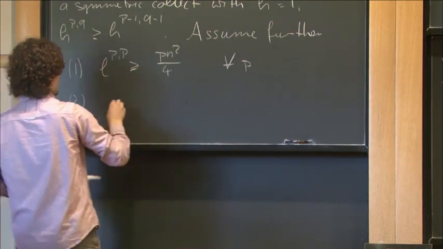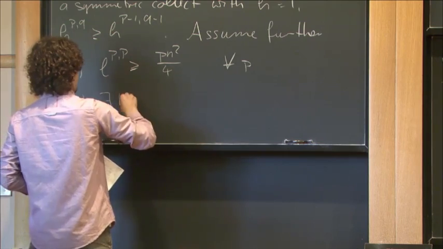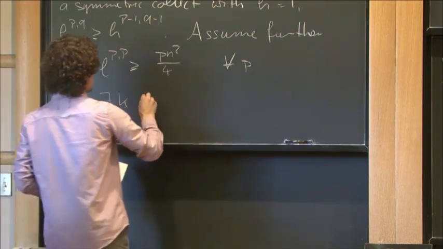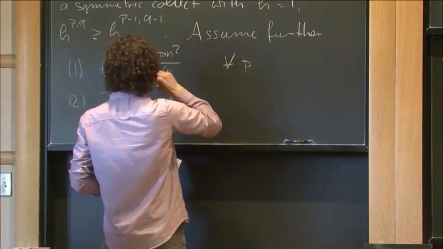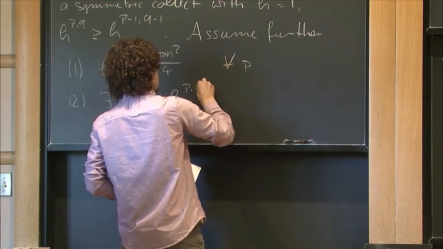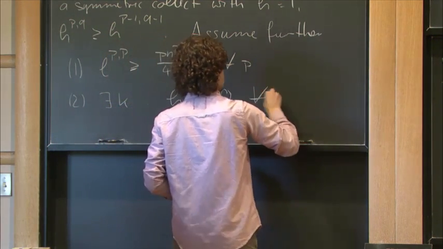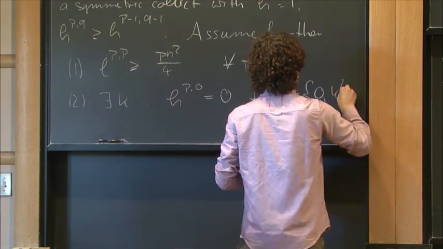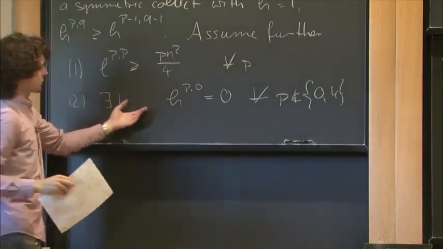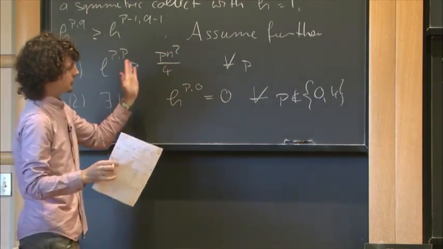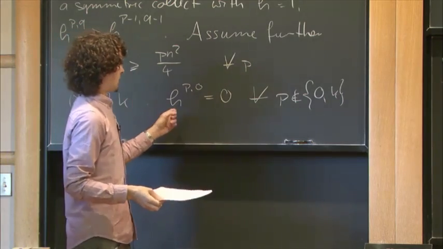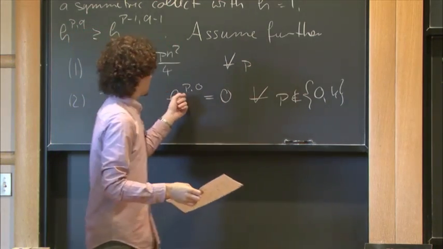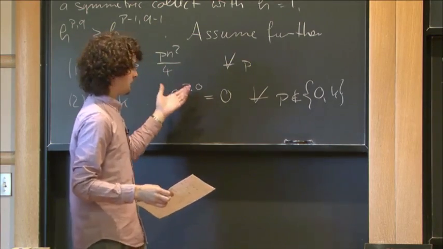And the second one is that there's an integer k such that h^{p,0} is 0 for all p not equal to 0 or k. So this condition means that most of the outer Hodge numbers have to vanish. Most means, well, h^{0,0} is 1 and h^{k,0} can be arbitrary.